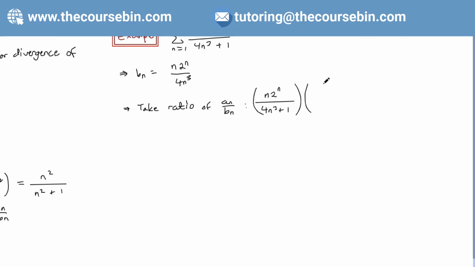So we're taking the ratio. So this will be 4n cubed over n times 2 to the power of n.